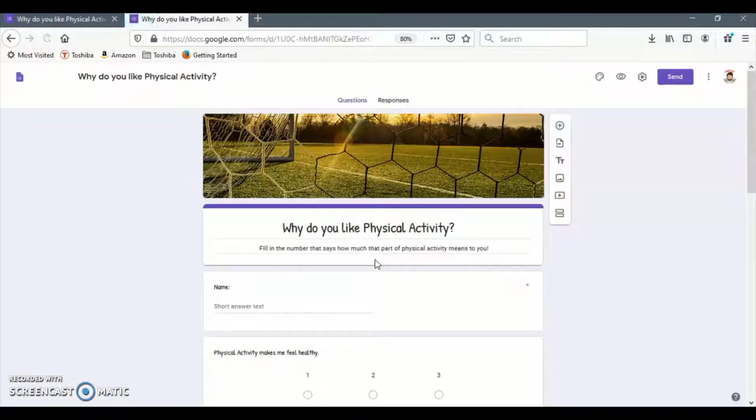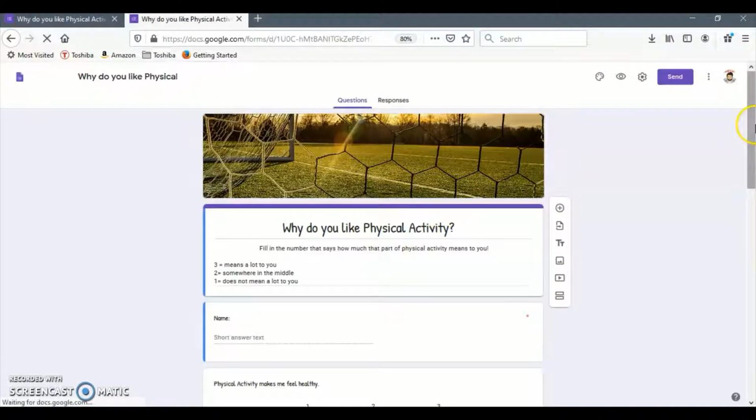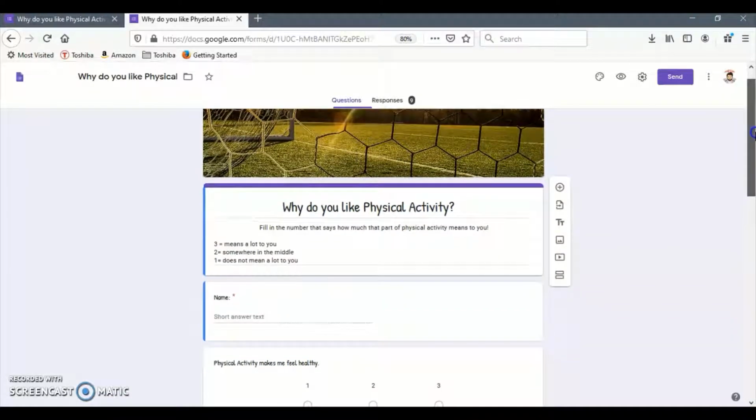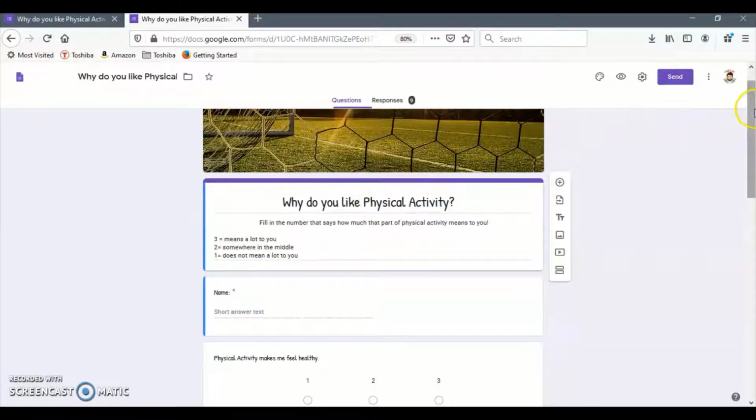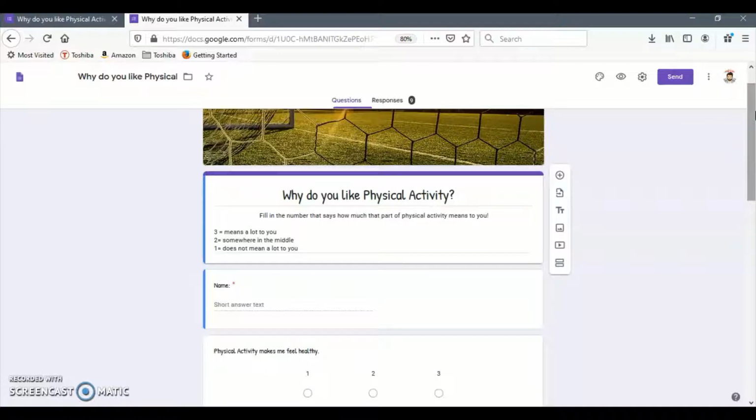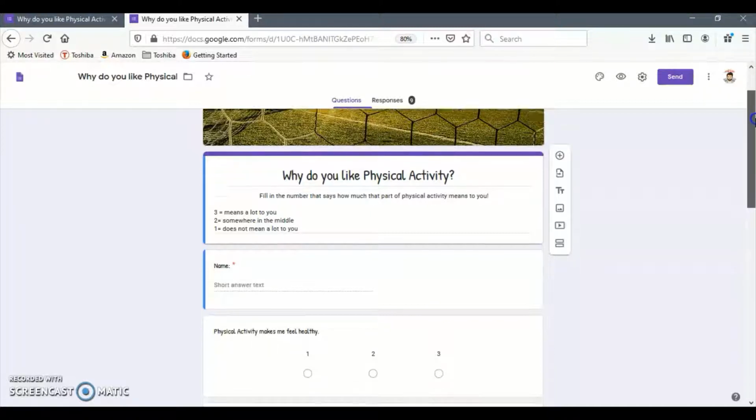was right here, and it was titled, Why Do You Like Physical Activity? And there's the image I chose for my header. I wanted the students to fill in the number that said how much that reason means to them when they're selecting physical activity. 3, like I said, meaning a lot, 2 in the middle, and 1, it doesn't mean a lot to them.